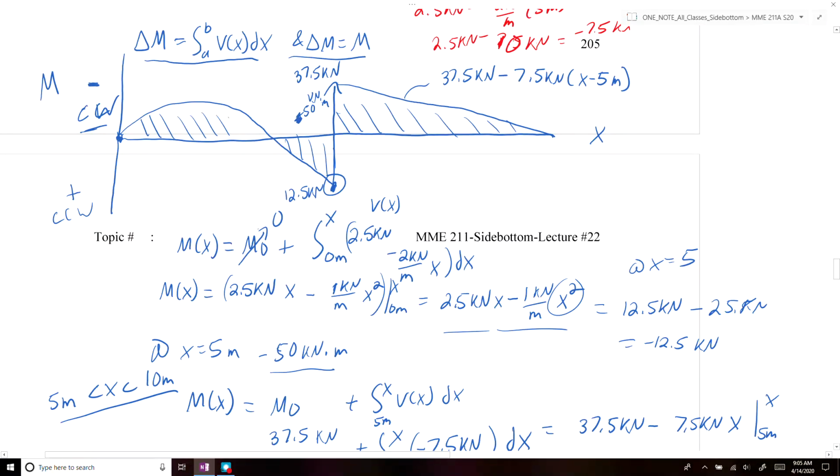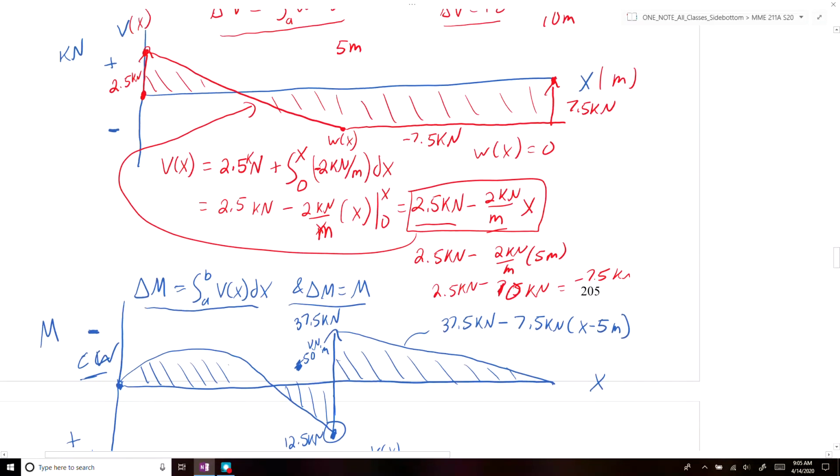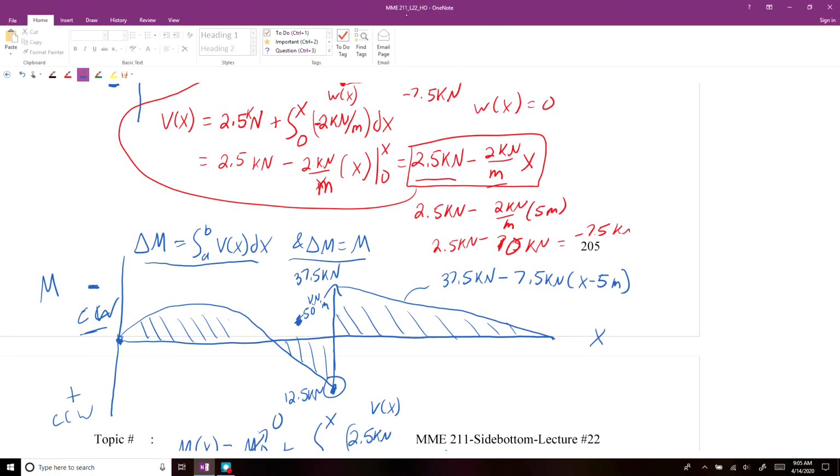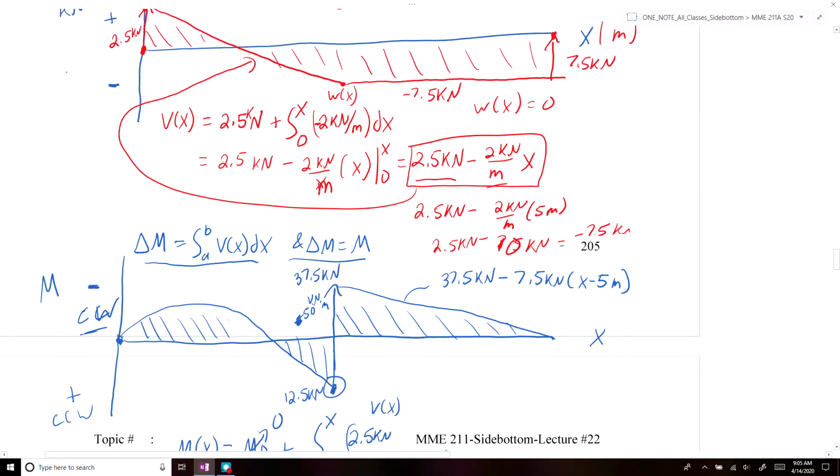And then the last thing that I want to point out here is that you can solve for the magnitudes of the moments using the shear diagram here. So if you integrated, let me use a green marker here, this region here, which is a triangle, we know the area of this triangle is just equal to 1/2 the base times the height.